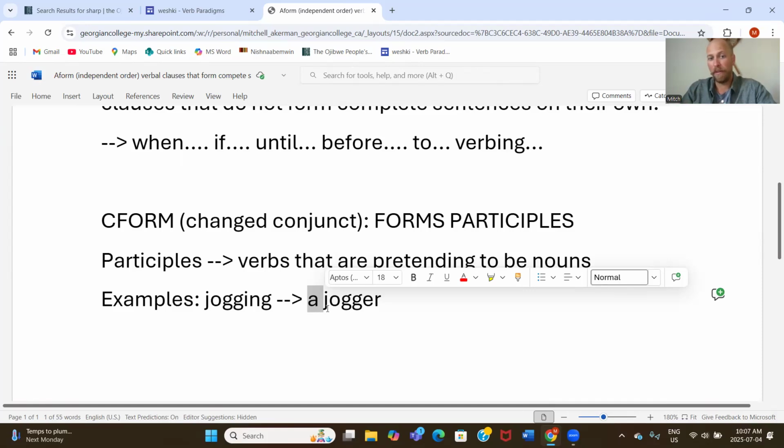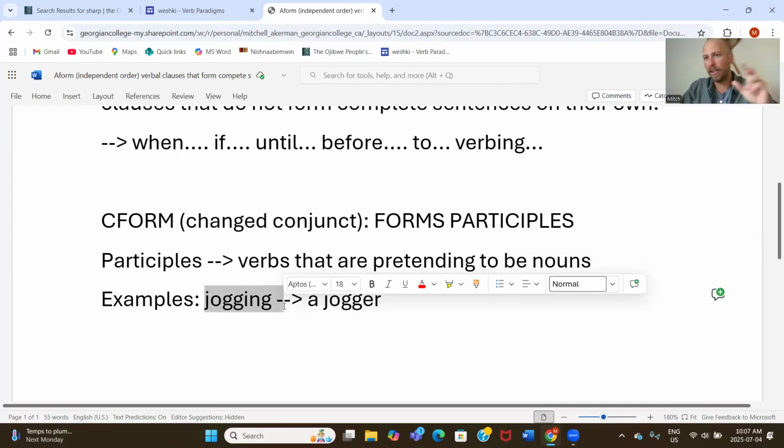It's sort of telling you it's a noun. So if you can say a or the blank, it's probably a participle that you're using. Like jogging, I can't say a jogging. It doesn't sound right because it's a verb. But I can say a jogger, and that sounds perfectly normal because I'm using it like a noun. It's a verb, but I'm stealing it and dressing it up and saying, look, it's a noun, though it's not really one.